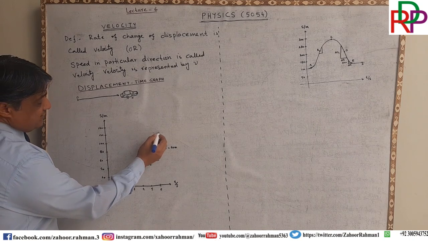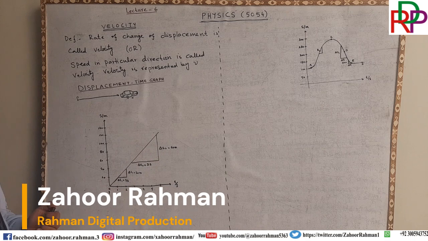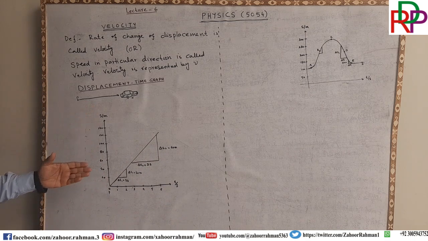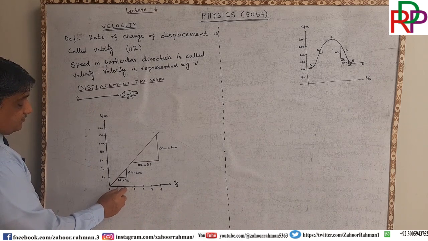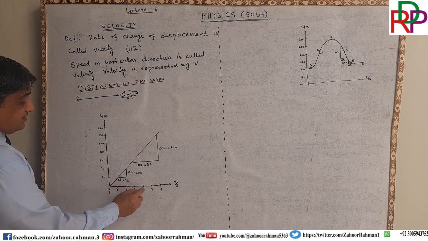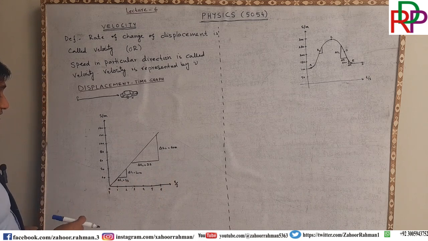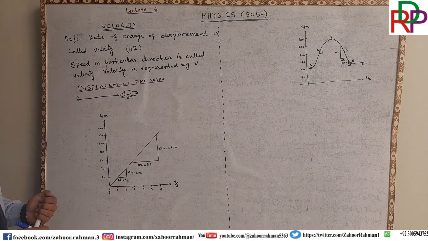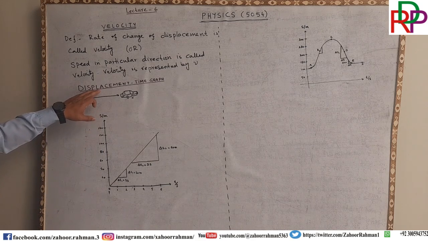This straight line we are obtaining from plotting the graph of motion. There are different time intervals, 1 second, 2 seconds, 3 seconds, represented on the x-axis, and the y-axis represents the displacement.